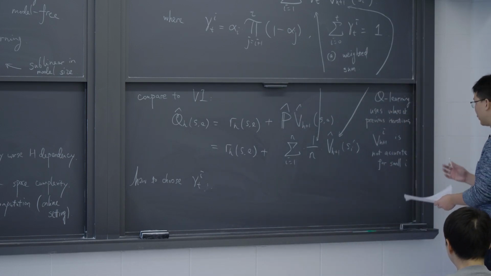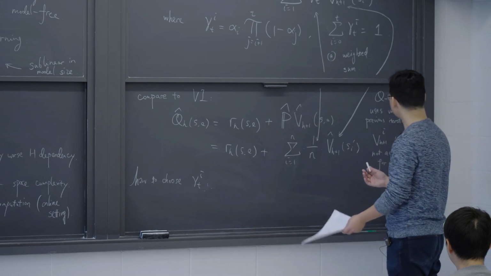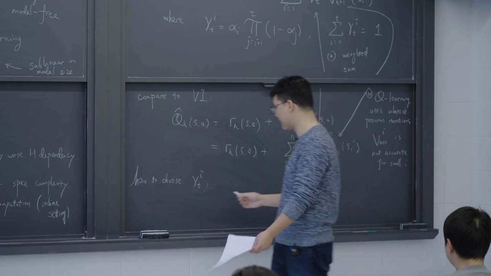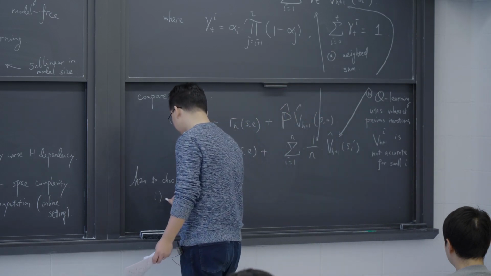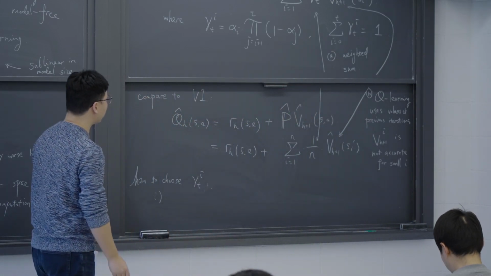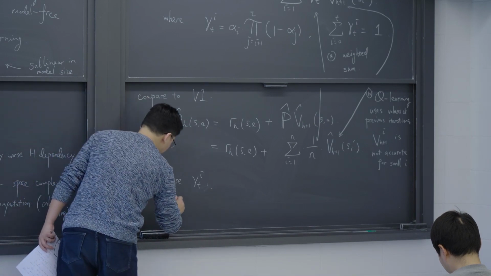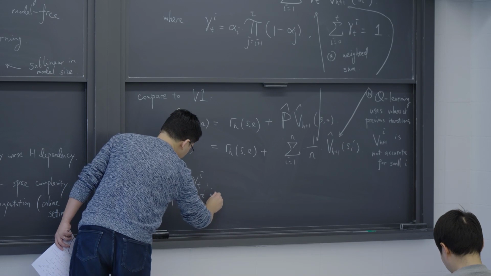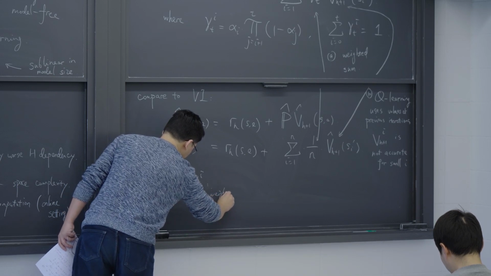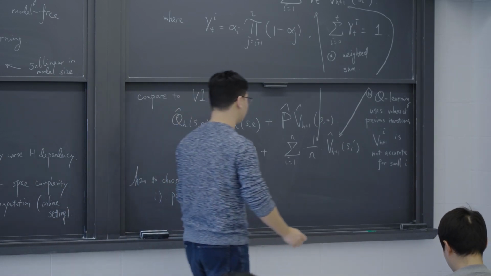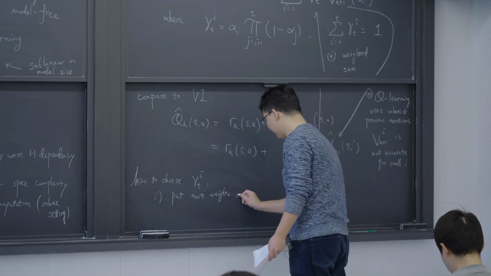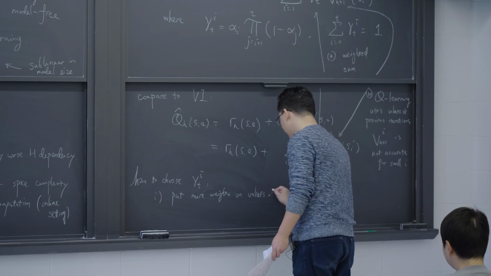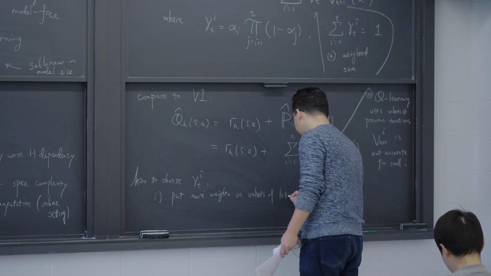So essentially, we have two conflicting parts we want to handle for this gamma t. The first one is we want gamma t to put more weights on values of later updates.